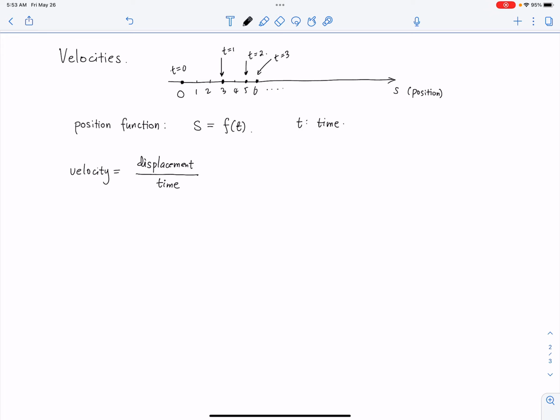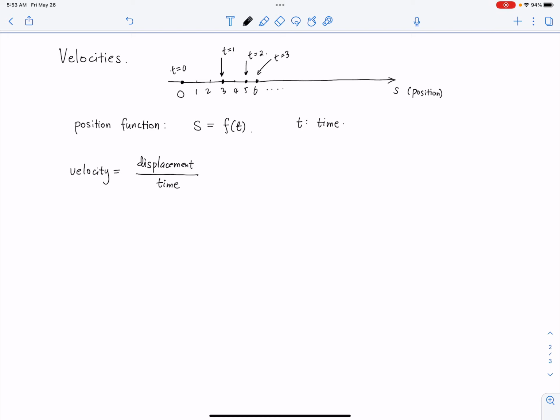So if you can cover 3 feet in 1 second, the velocity is 3 feet per second, right? If you can cover 10 feet in 2 seconds, then your speed will be 10 over 2. That will be 5 feet per second. So this is how we define velocity. It's a change in position over the time to do that.